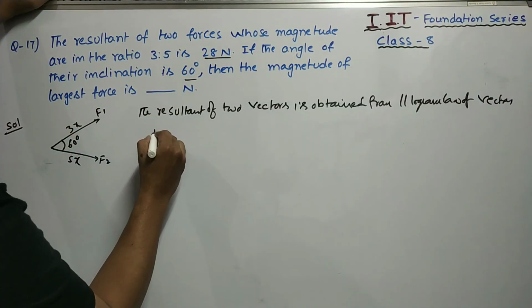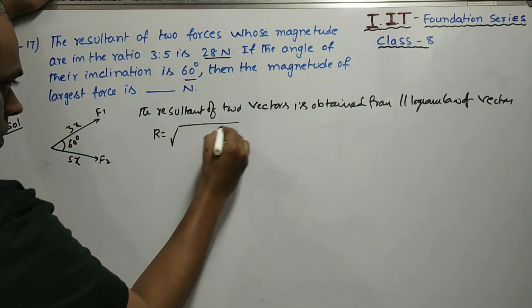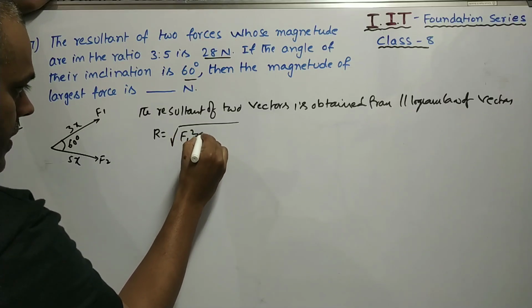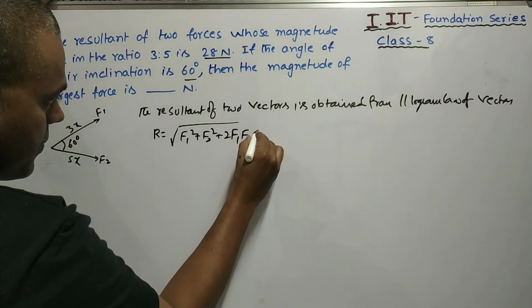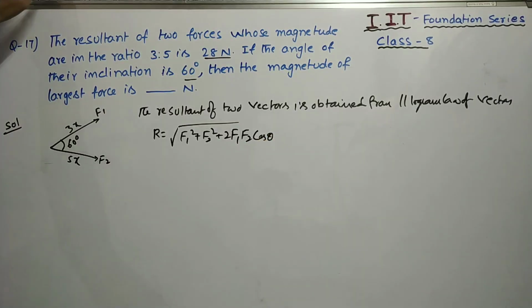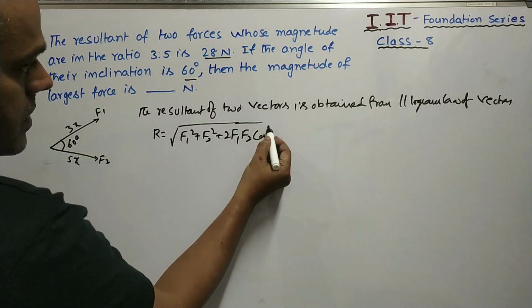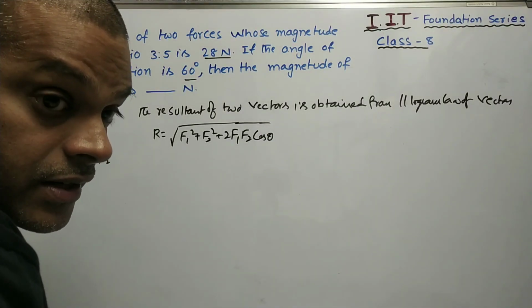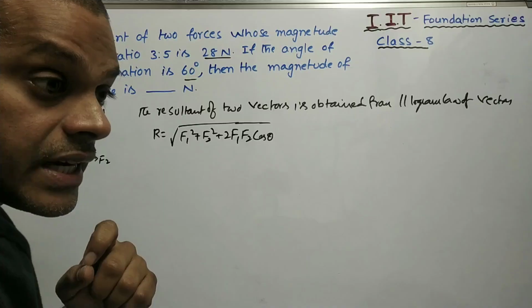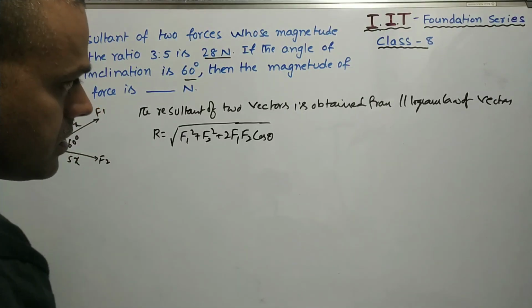What is that? R is equal to what I say? F1 square plus F2 square plus 2F1F2 cos theta. You know very well this equation. Actually, the resultant of two vectors is calculated by using three laws: triangle law of vectors, polygon law of vectors and parallelogram law of vectors.